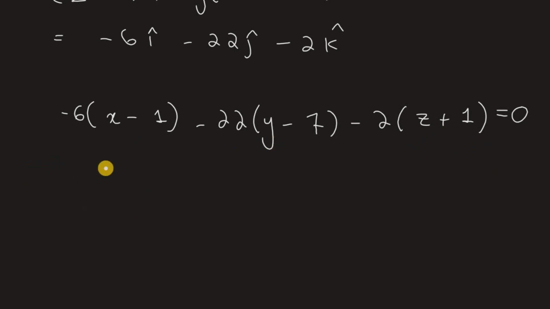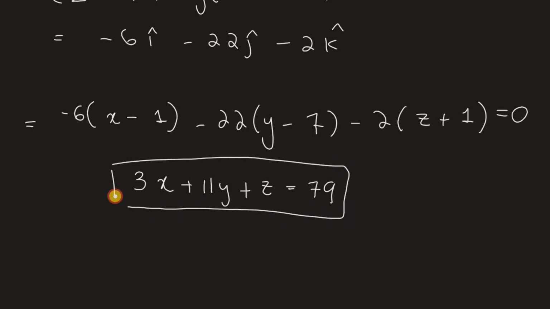This is the equation of the plane that we were asked to find. Or you can multiply this out, and your final result turns out to be 3x + 11y + z = 79. So like I said before, you can leave your answer like this, or if you want to simplify it a little bit, this is your final answer.